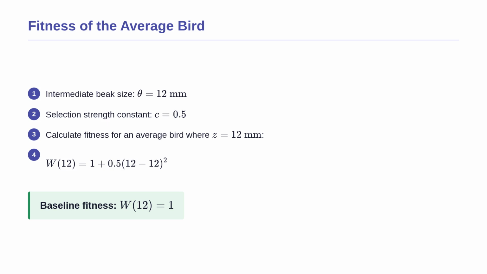We plug 12 in for Z and 12 in for theta. The term inside the parentheses becomes 0. 0 squared is 0, leaving us with a final fitness of exactly 1. This represents the absolute baseline minimum fitness in this environment.